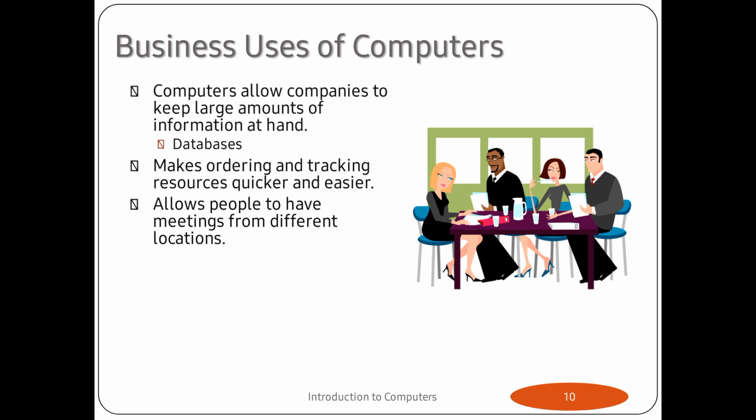It allows people to have meetings from different locations, for example, by the use of applications like Zoom, Microsoft Teams, or Google Meet, which allows people to meet in synchronous way to communicate or to do a business together.